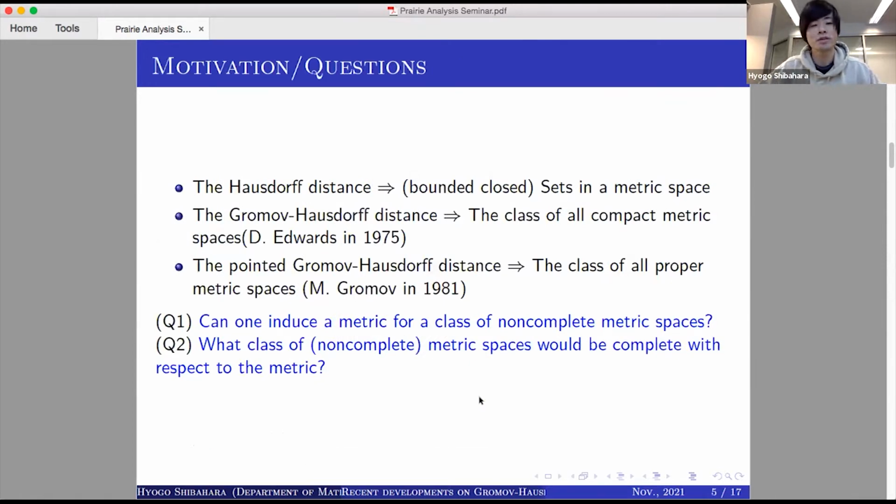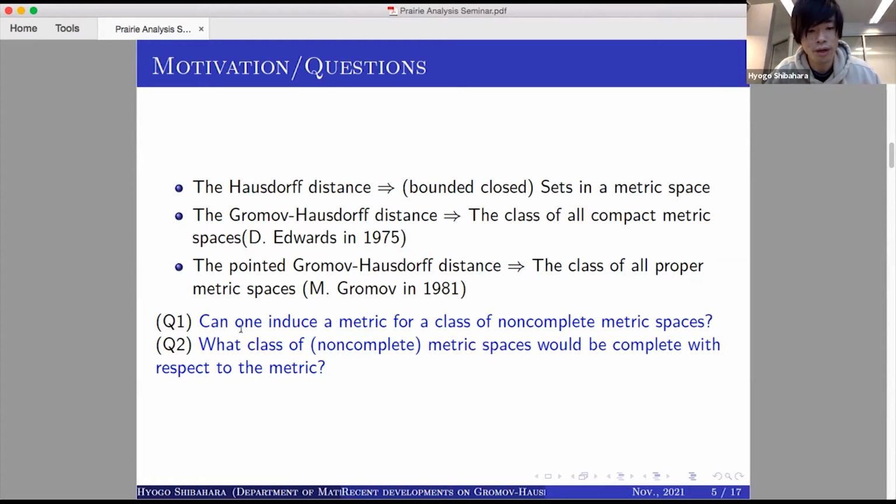Okay, so here are some motivating questions. The Hausdorff distance is defined on the set of all bounded closed sets in a fixed metric space, and the Gromov-Hausdorff distance is defined on the class of all compact metric spaces. And the pointed Gromov-Hausdorff distance is the generalization of the Gromov-Hausdorff distance dealing with the unbounded case.